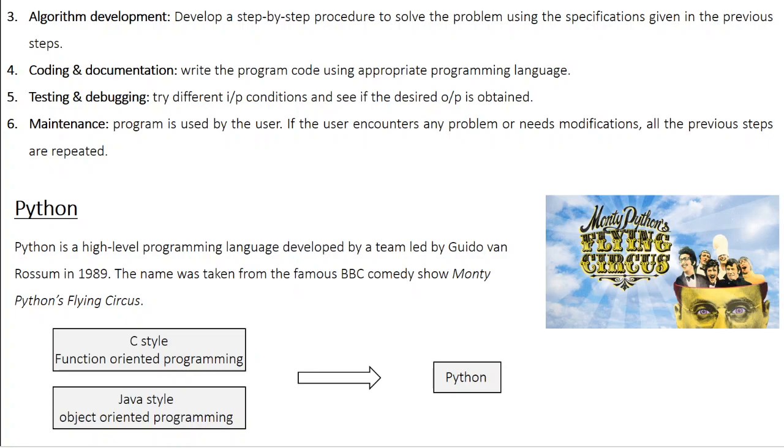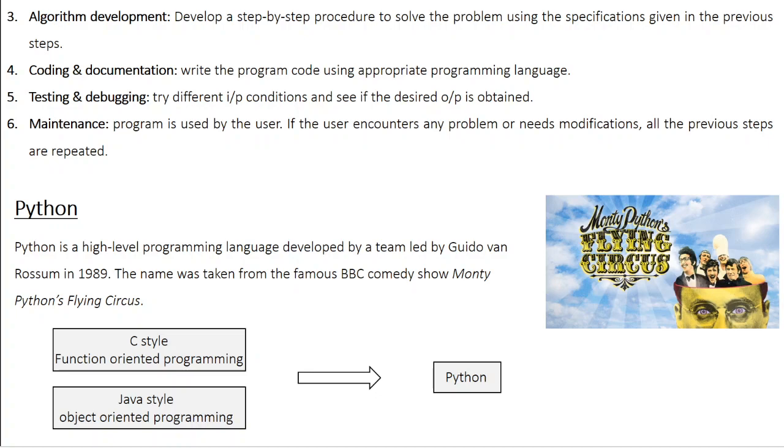That was the time he was reading some of the published scripts of a BBC comedy show known as Monty Python's Flying Circus, which was a very famous comedy show in the 1970s. So this particular name, Python, caught his attention, so he decided to keep this name for his new programming language. That's how the seemingly funny name of Python has come.